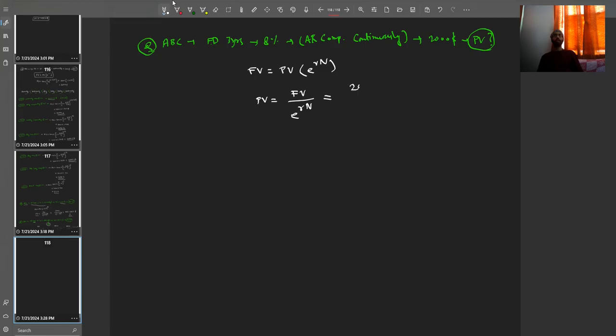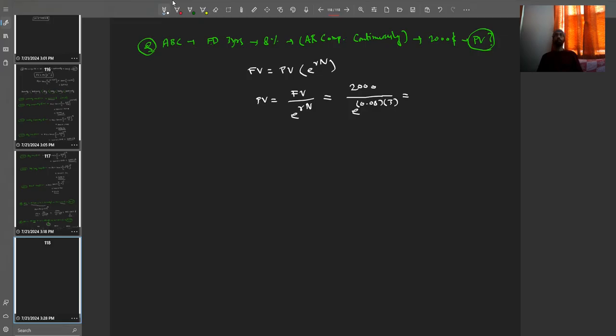Future value we want is $2,000. Exponential raised to the power of 0.08 multiplied by 3. We can easily calculate 0.08 into 3 raised exponentially.